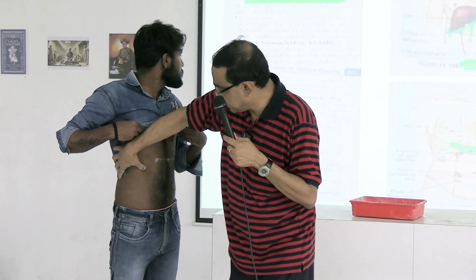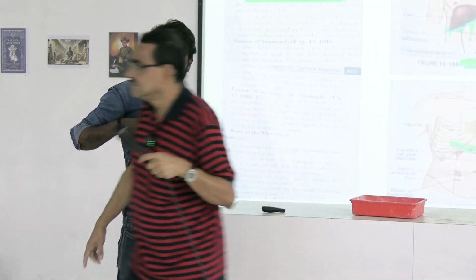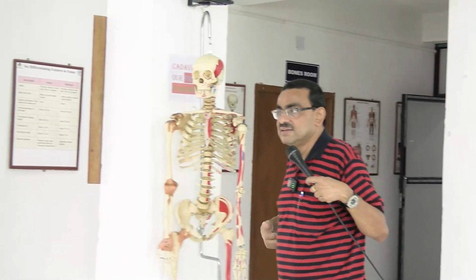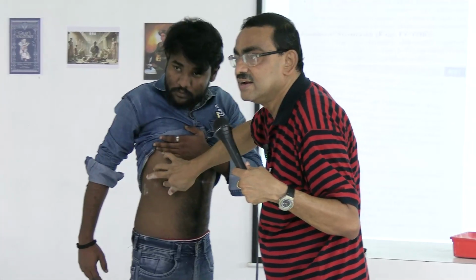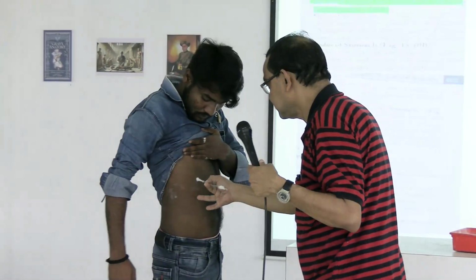It is very much prominent. If we can feel it, we can feel it in our body. Here we can feel it. I can feel it here. So that is another point.